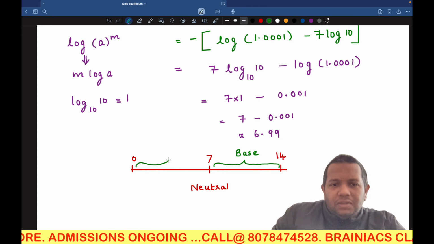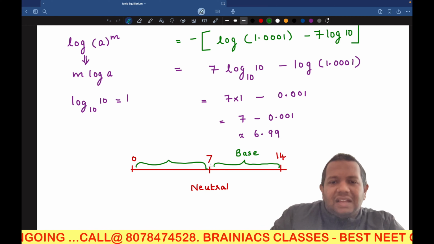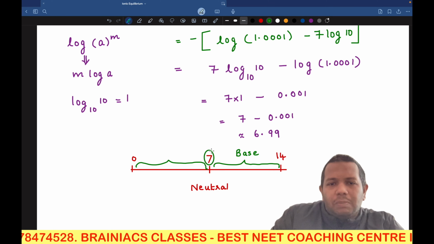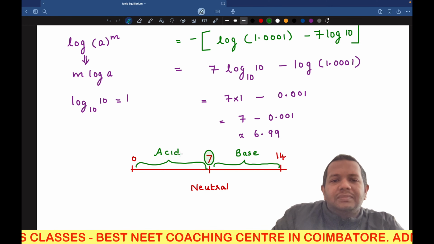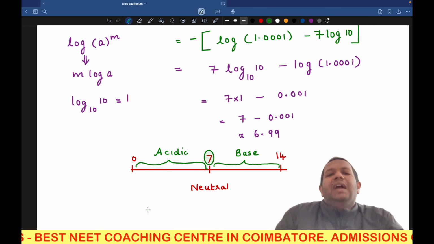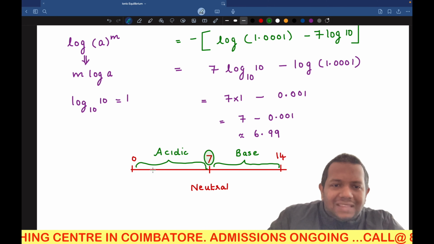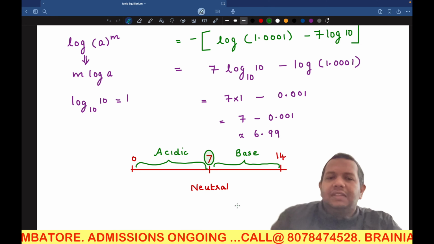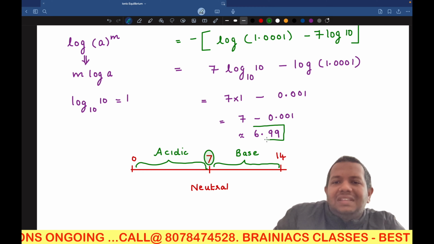If you are getting between 0 and 7, then I can say anything less than 7. pH at 7, I can say it is neutral. It is neither acidic nor basic. Okay, it is acidic in nature between 0 and 7. Now very important, any value that is near to 0 and 3 would be highly acidic, and between 11 to 14 would be highly basic. Okay, now listen here, we are getting a value that is 6.99.